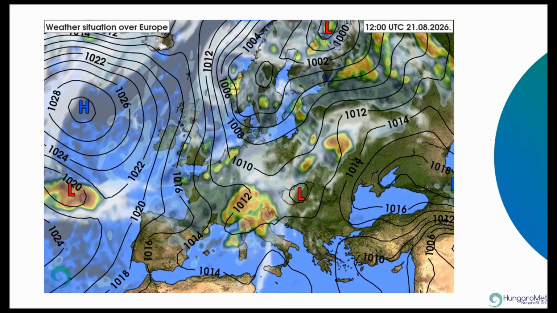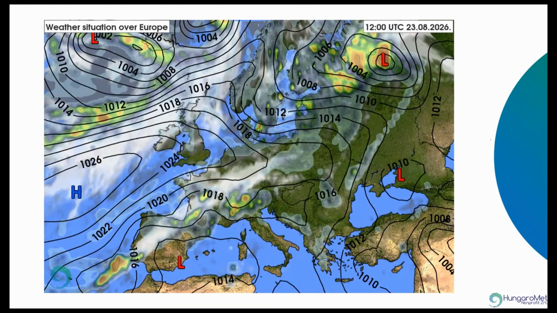As we go on in time, we will see a bit more precipitation move inland towards the east of Europe. And then as the anticyclone from the west-southwest is approaching, there will be a bit less precipitation expected in that area.